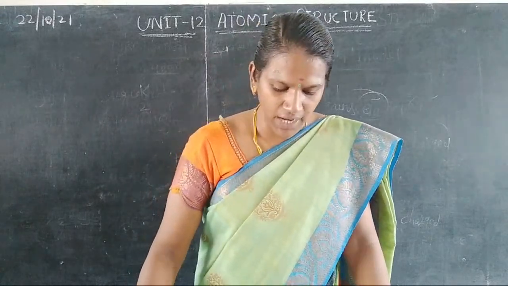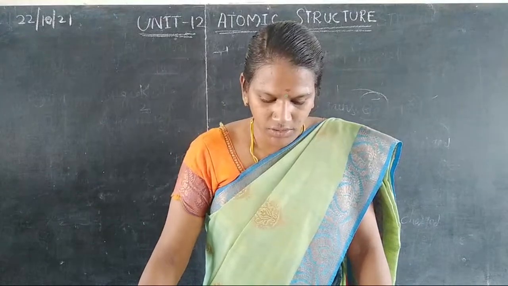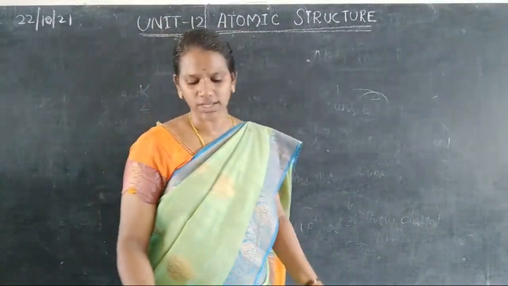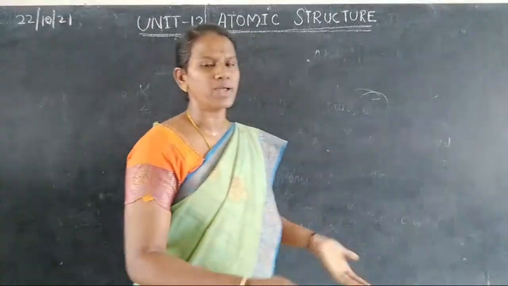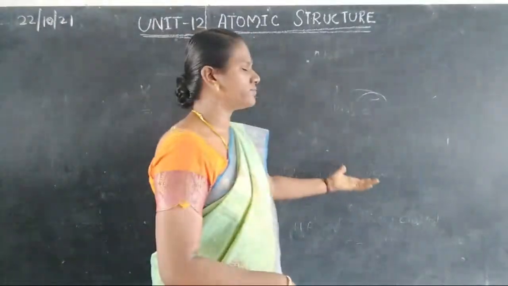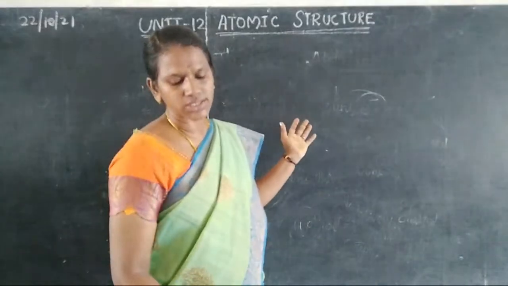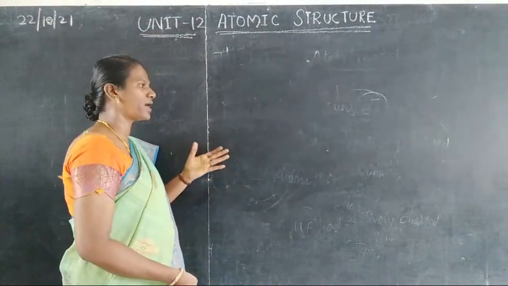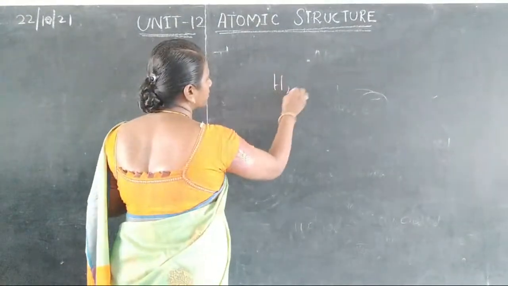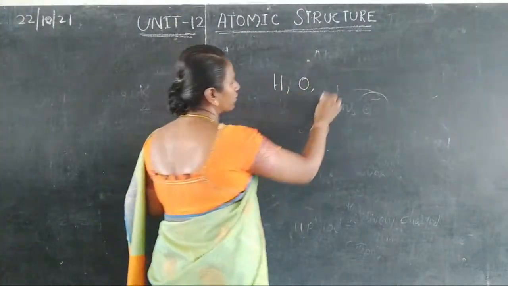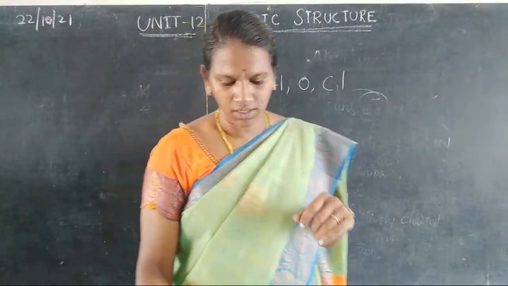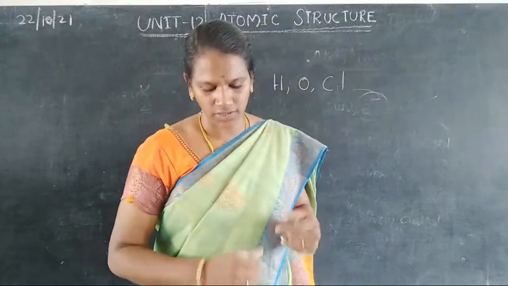Generally, the valency of an atom is determined with respect to hydrogen, oxygen and chlorine. So we can determine the valency of other atoms by comparing with hydrogen, oxygen and chlorine. First, valency with respect to hydrogen.